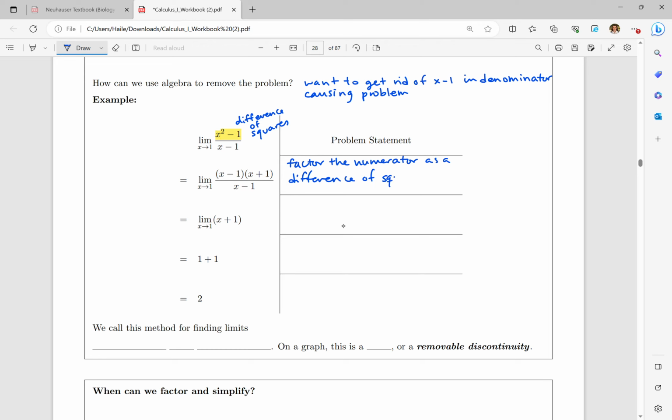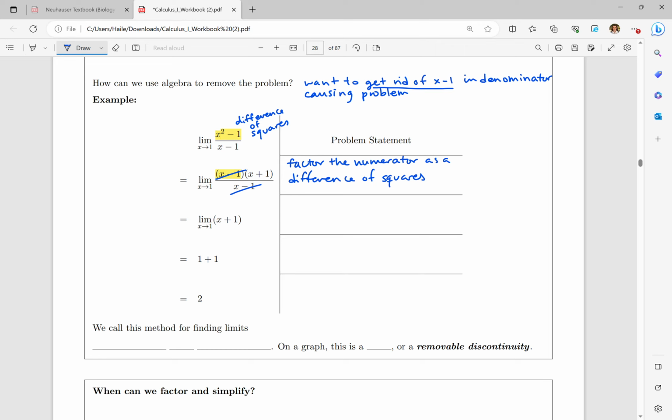And so why might we want to do this? Well, we notice once we factor it that we get this factor of x minus 1. So that factor of x minus 1 is really nice because it matches the factor of x minus 1 at the bottom. And remember, our goal is to get rid of the x minus 1 in the denominator. So since those factors match, I can now cancel them out, and I'm left with x plus 1.